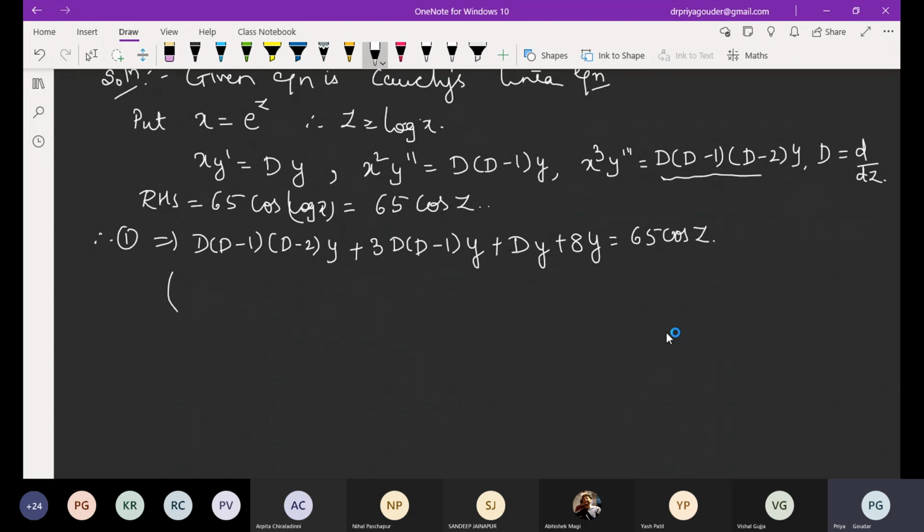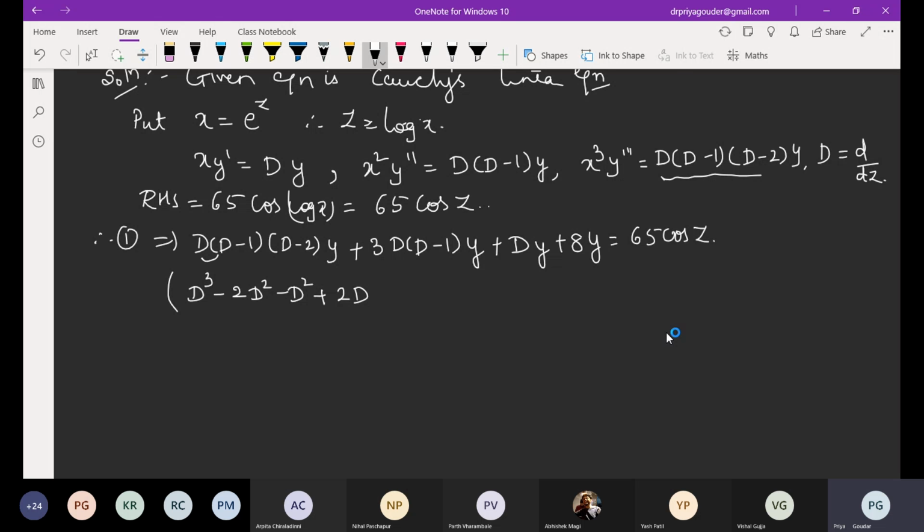Simplify this. D into D is D square; if you take it along with the D, multiplication will give me D cube. D square into minus 2 is minus 2D square. Again, D into minus 1 is minus D, with product of these two terms: minus D into D is minus D square, minus D into minus 2 is plus 2D.